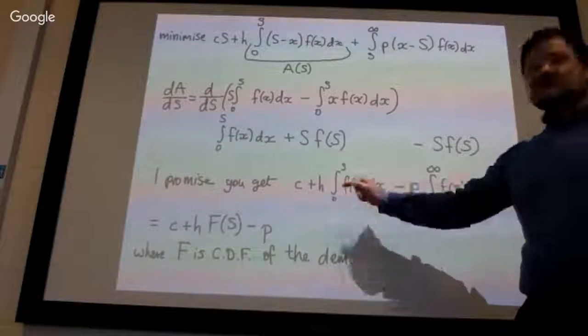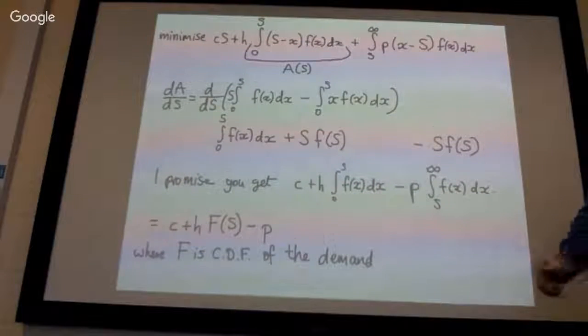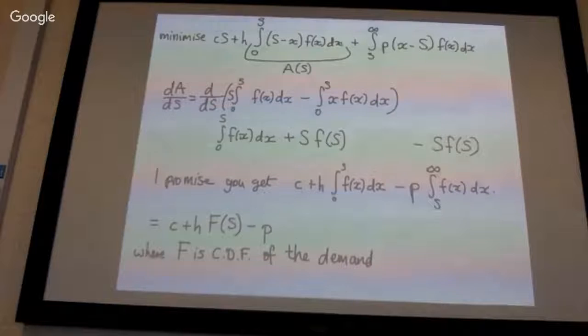So you can go from 0. And then what's this? Is that correct?